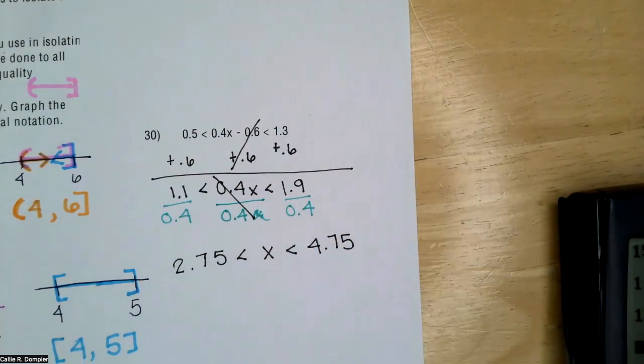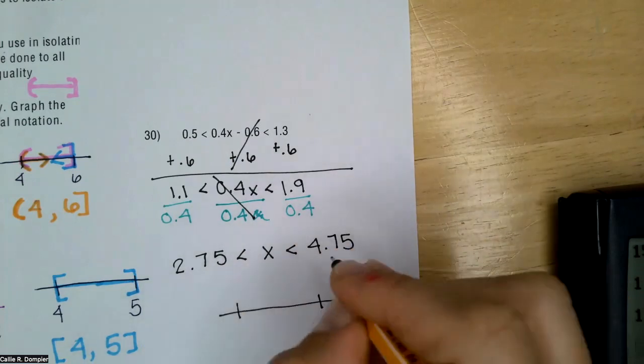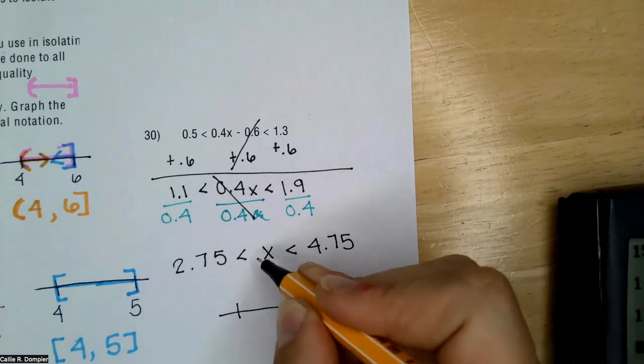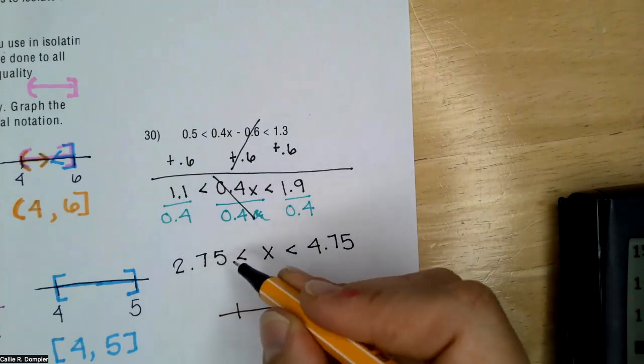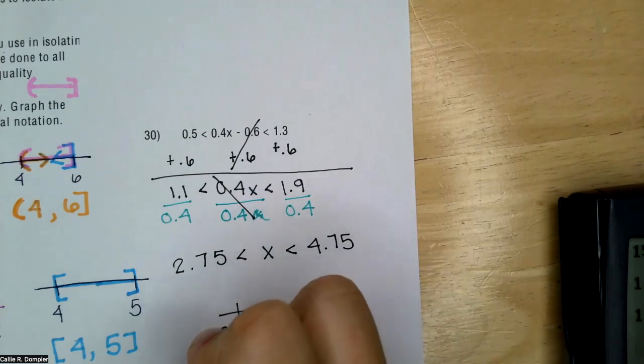Good. So my final answer is that x is less than 4.75. X is greater than 2.75. So any number between 2.75 and 4.75 is a solution for this inequality.